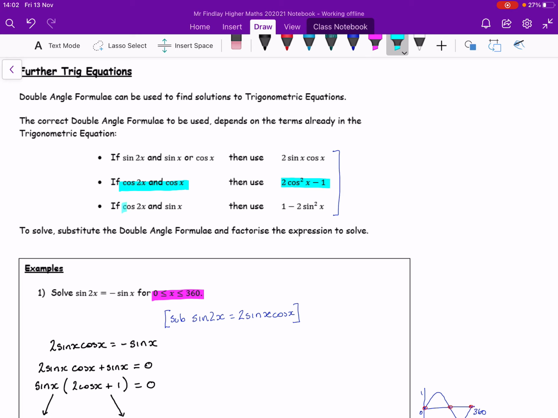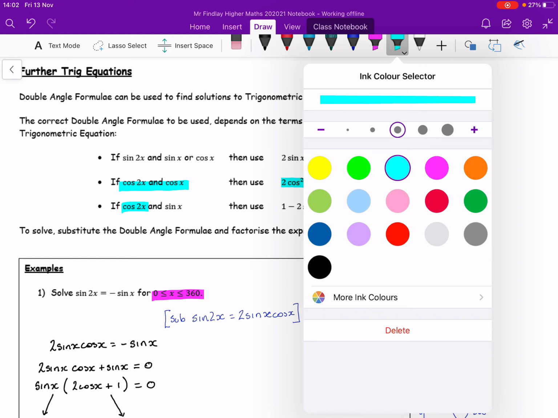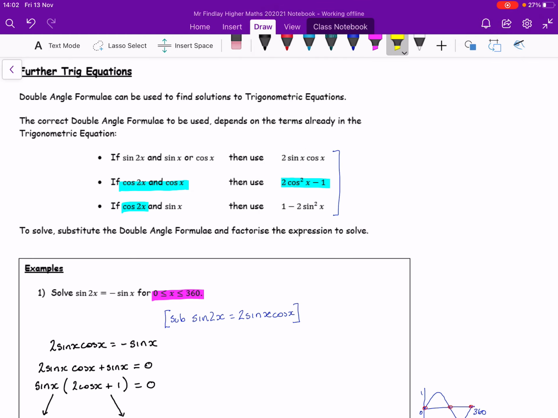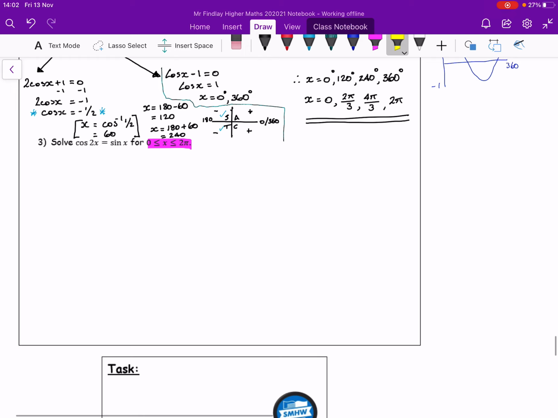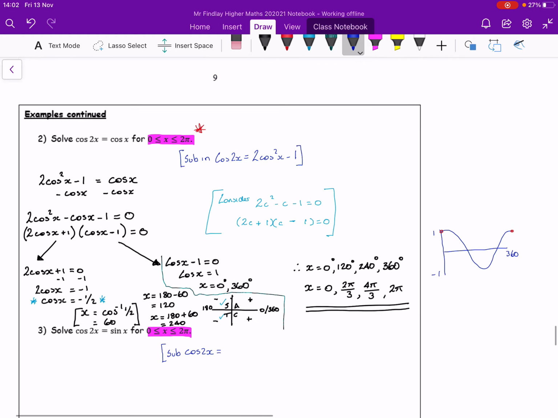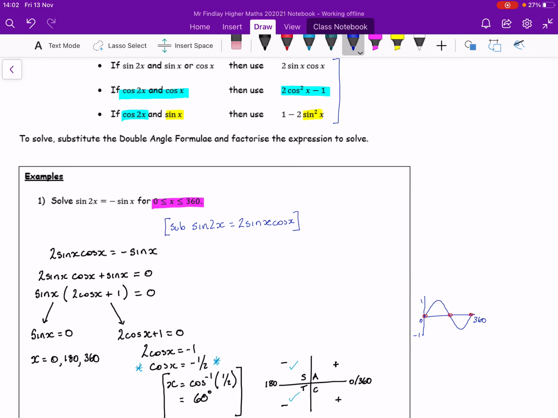This time, because we've got the cos 2x, we've got a sine in the question, and therefore we want to make our substitution sine. So first off we want to sub cos 2x is equal to 1 minus 2 sine squared x.